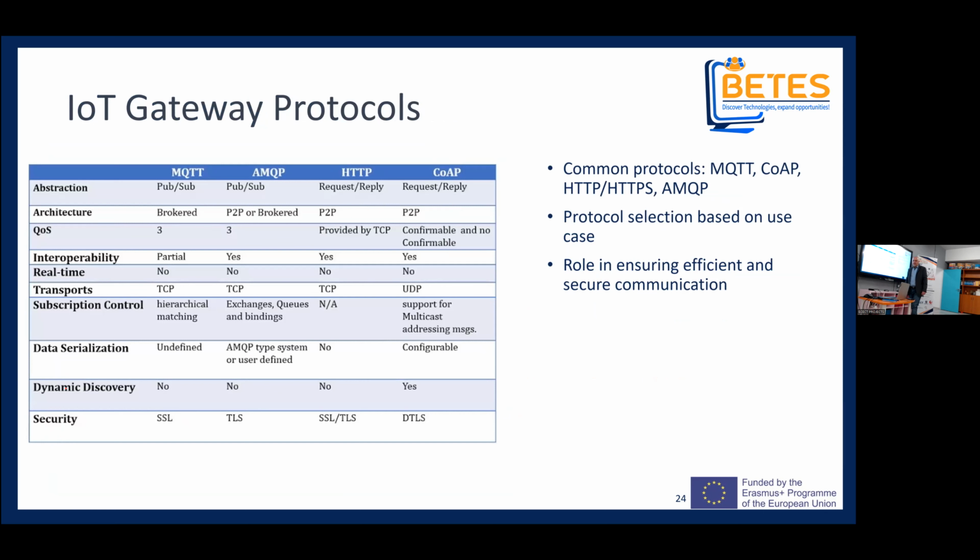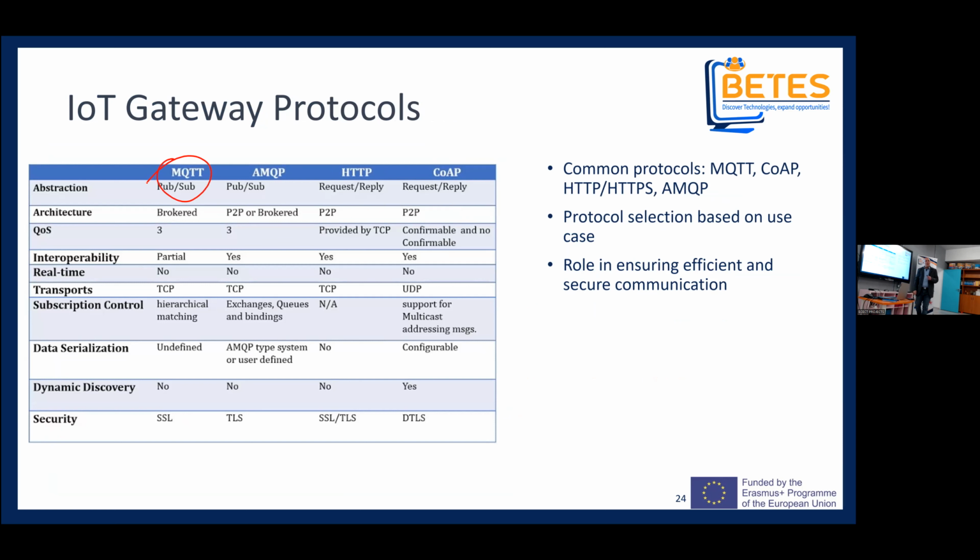Another thing that is important is not only the wireless transmission method, but the communication method. These are called IoT protocols. One of the most popular IoT protocols is MQTT, and we will talk about it in a bit.